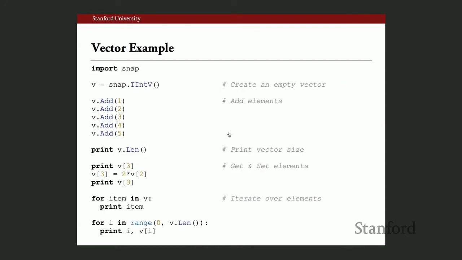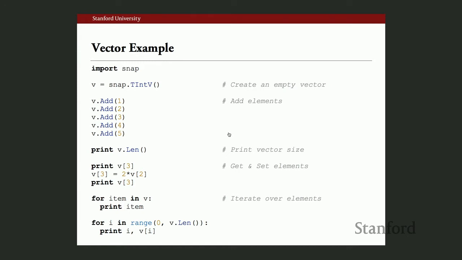And so just a quick little code example, right? You create the vector, you add a bunch of stuff to it, you print the length of it. One quick callout there is that the syntax for getting the length is different than the syntax of getting the length of a Python list. Just keep that in mind. You can get and set elements. You can iterate over the elements, as you can see down there.